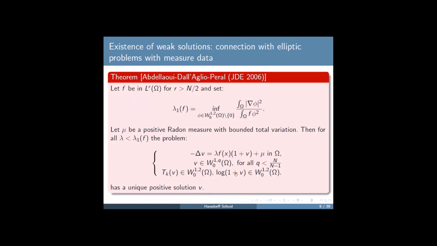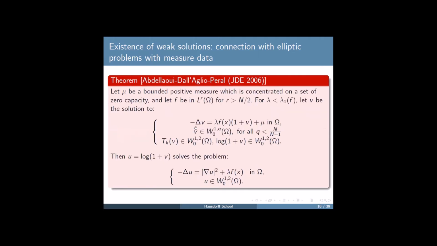So this problem is easier to solve than the problem with first order terms. So the idea now is to take the log of 1 plus v, where v is the solution of this problem, and then that function should be the solution of the original problem, which contains the quadratic norm of the gradient. And indeed, that's the case.